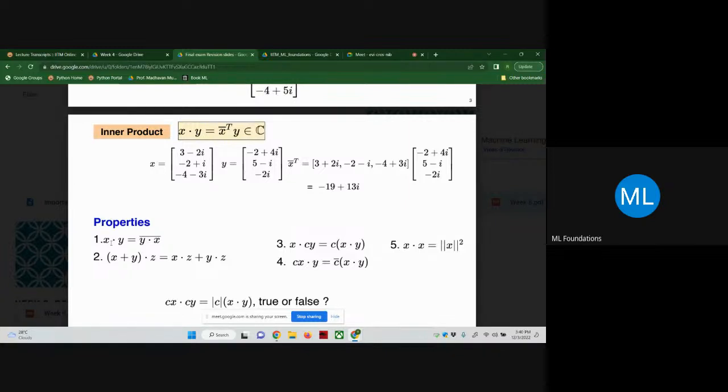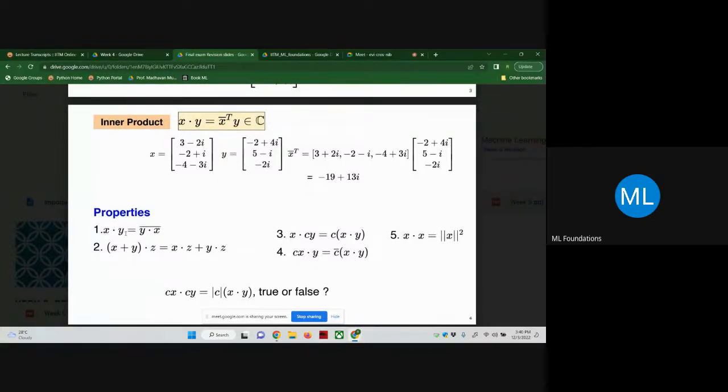But even though the length is the same, the actual value of the complex number need not be the same. But x dot x is going to give you a real number.